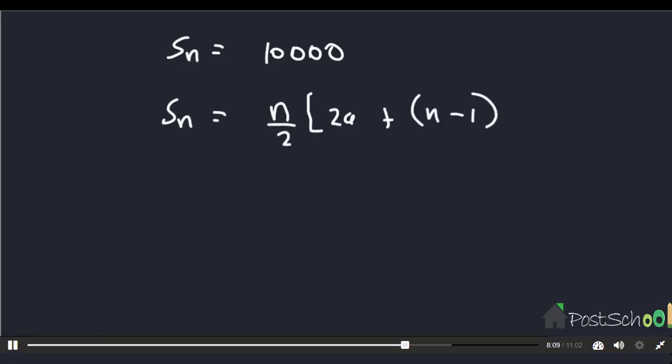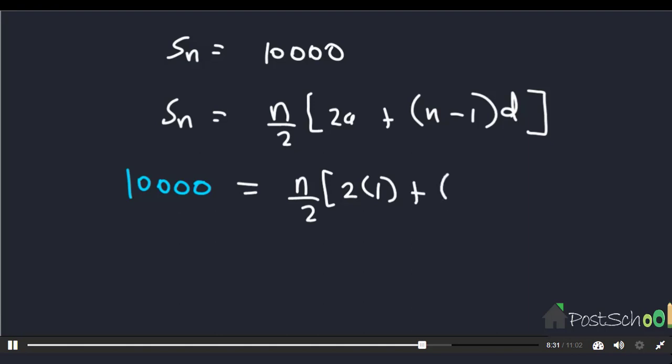Sn equals n over 2 times 1 plus n minus 1 times d. We have Sn, which means we have the sum from this question, and we can calculate n, the number of terms. So we have the sum equals 10,000 in this case, and we want to solve for n. So this is going to be n over 2 times 1 plus n minus 1 times d, which is 2.